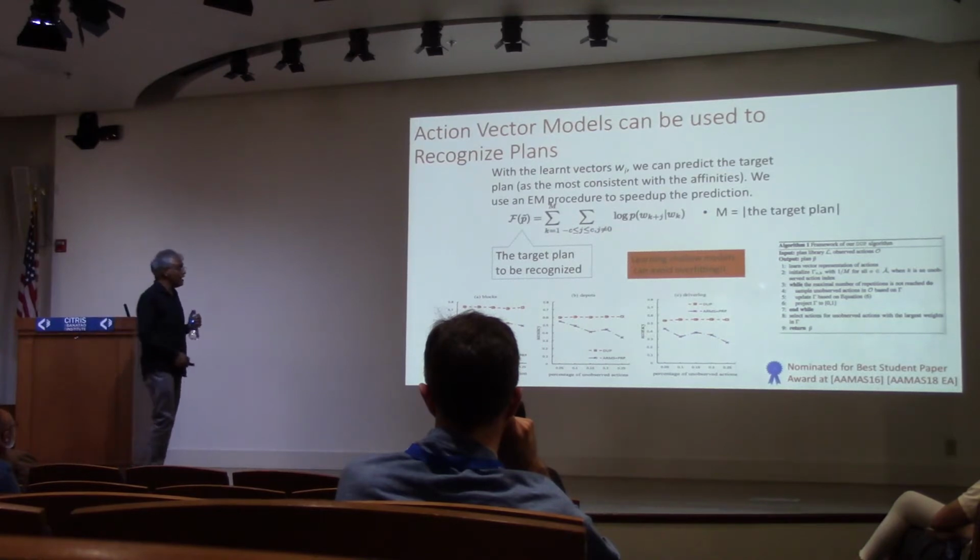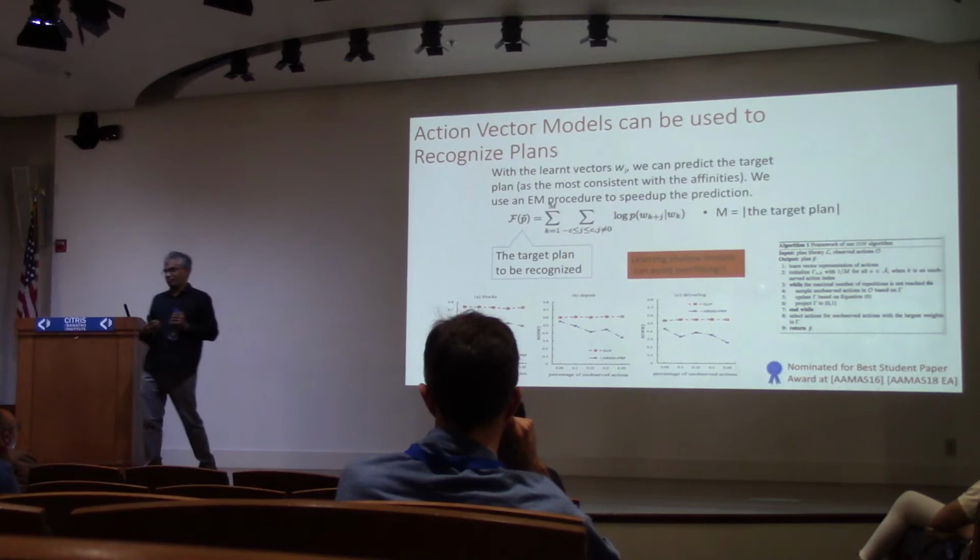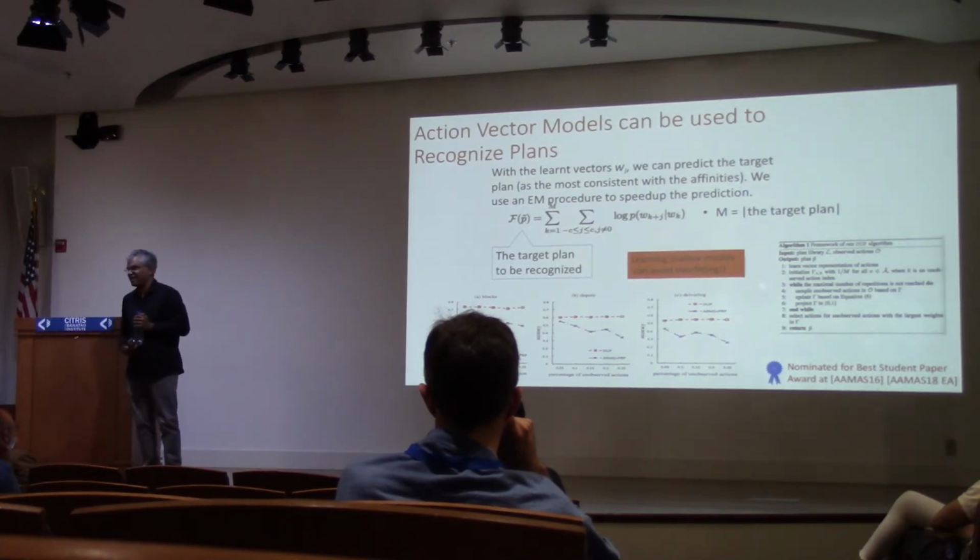And it turns out that if you use that to predict the next action, which is like a plan completion exercise, and compare it to our community's approaches, for example, the Ramirez-Geffner approach of doing plan recognition based on the model, which requires the model, that means you can either learn the PDL model or learn the embeddings, and then check how the completion performance works.